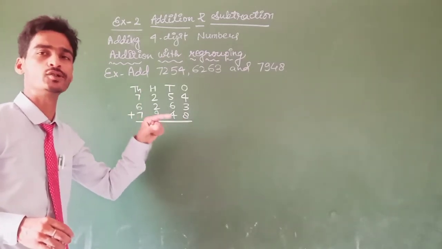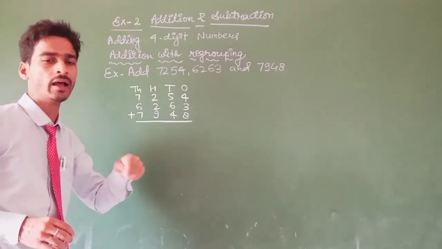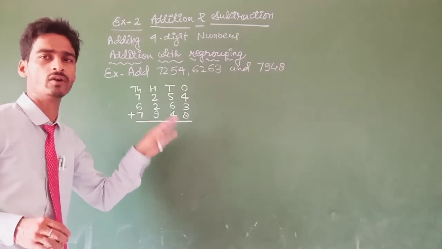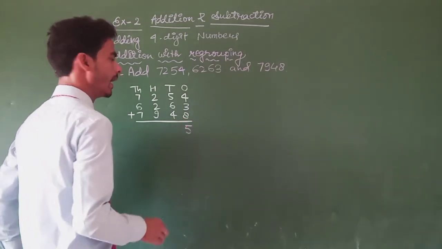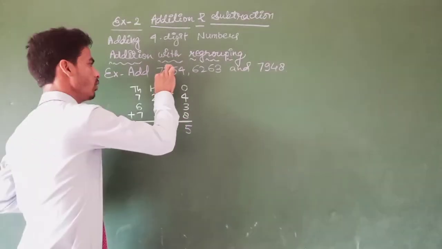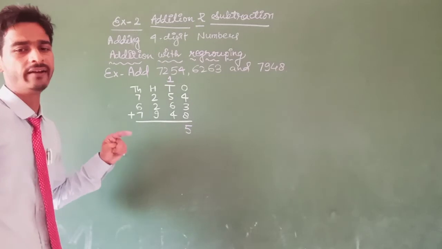Regroup 15 ones into 1 ten and 5 ones. Write 5 in the ones column and carry over 1 ten to the tens column. Then in step 2, add the tens.